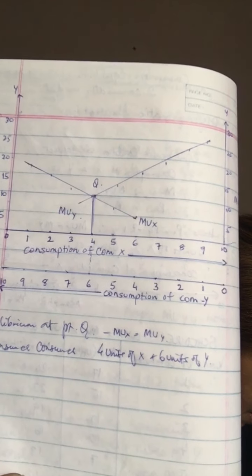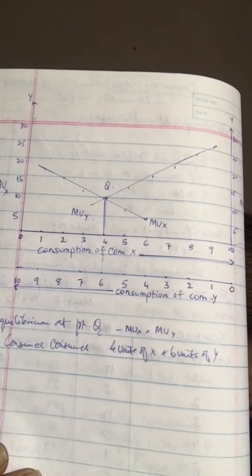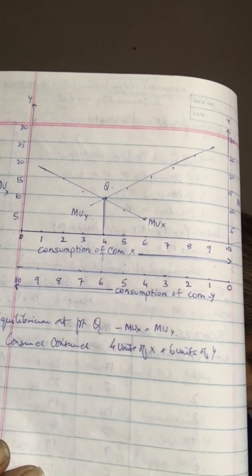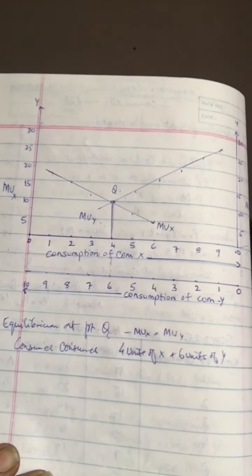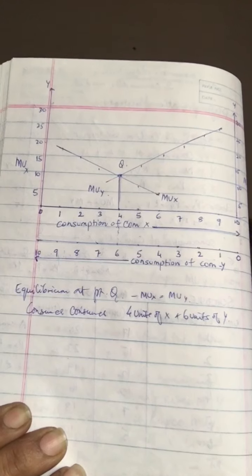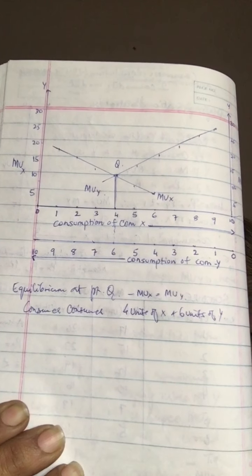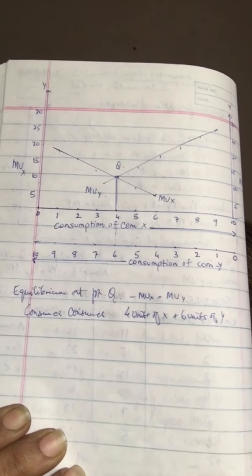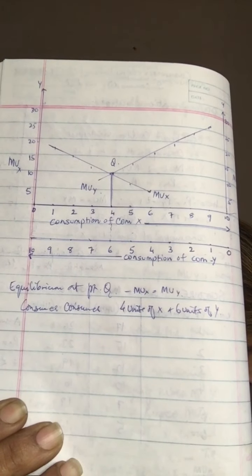We take the y-axis for MUX here, and the other for MUY, and then we make the coordinates of utility corresponding to each unit of consumption of commodity X. For example, for 1 unit of X, he gets 17.